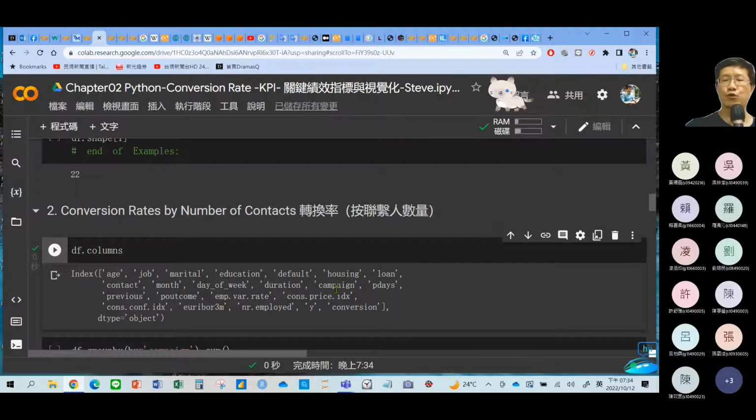So from the description from the UCI dataset for this bank marketing, we know one of the variables we call contact 联系. So how many phone calls did the call center make to their customers? 这个变数呢是他们联络了多少的次数，打了一通 1, 两通 2, okay.